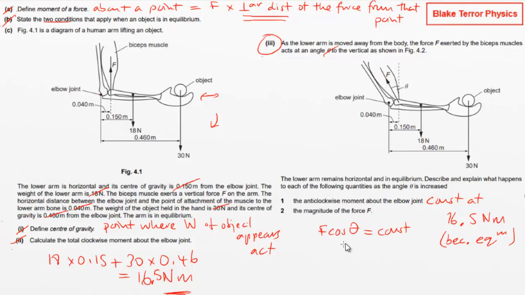So as theta increases, cos theta decreases, so F must increase. So it's our usual chain that we have here of you have some kind of formula and we talk about how the variables in it are changing, step one is that, therefore that, and then that's our answer, the usual chain stuff that we do.